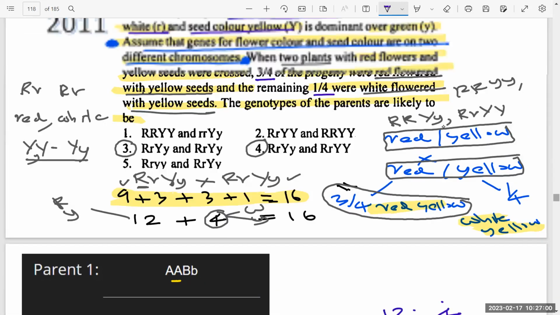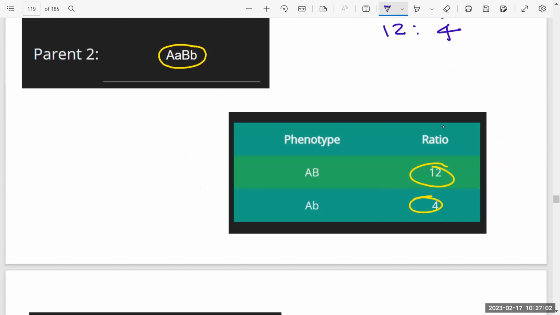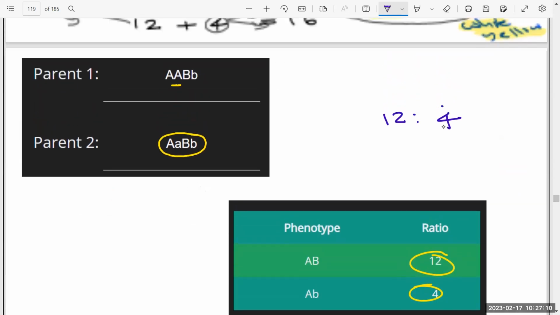Yes, we can remember that in addition to the 9:3:3:1 ratio, there is a 12:4 ratio. If we have one heterozygous and the other changed to a homozygous form, capital A, capital A, this is one example. We get the 12:4 ratio.